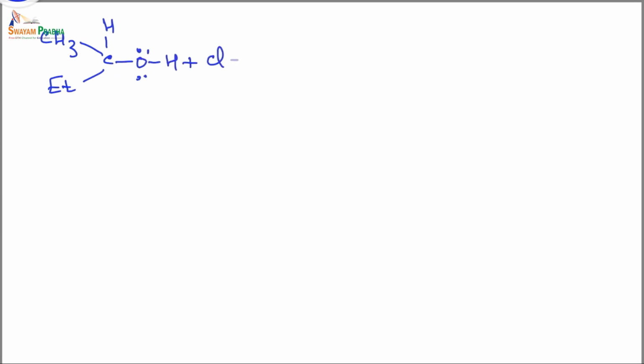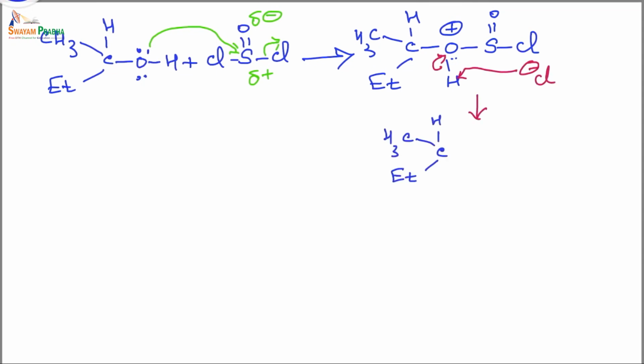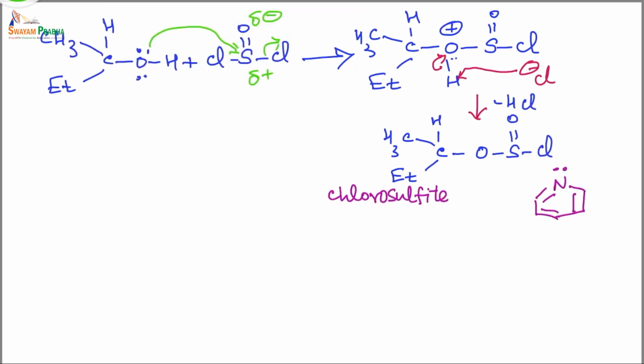In the presence of the pyridine base also, the initial steps are very similar, and here we will just look at the oxygen attacking the sulfur with concomitant removal of chlorine, and Cl minus is lost in this step, which abstracts this proton to give the chlorosulfite. So up to here it is very similar. In the next step, the pyridine comes into play in this particular case.